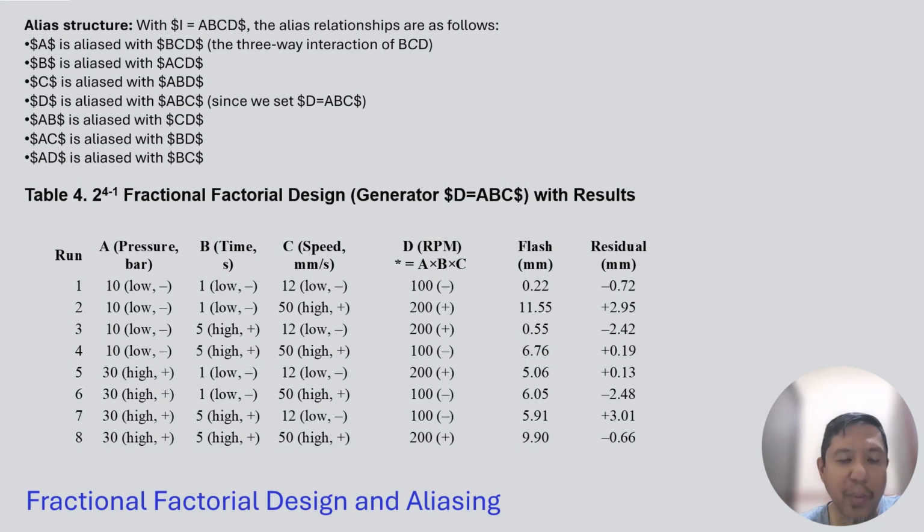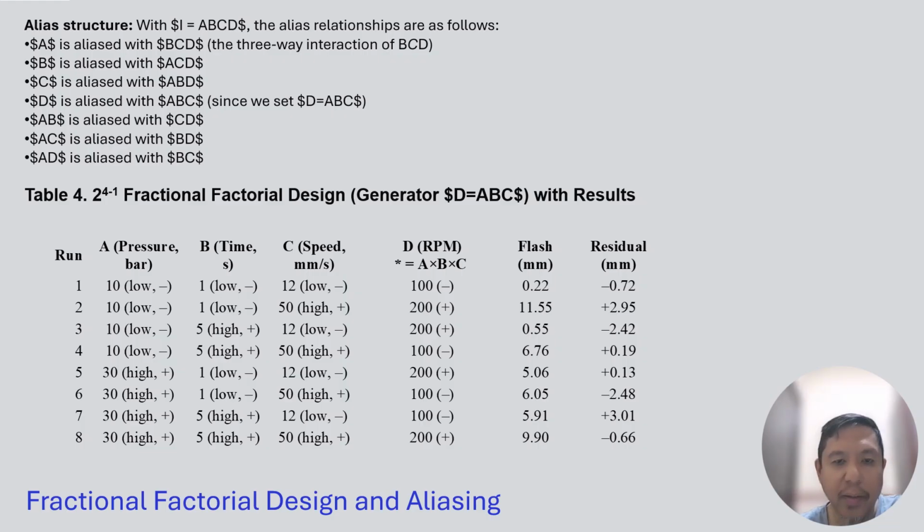Moving to the next, we will discuss the fractional factorial design and aliasing, as you can see on the screen. So these are the factorial design showing the 8 runs and generating some aliases as well, and using the residuals calculated later on using the formula.